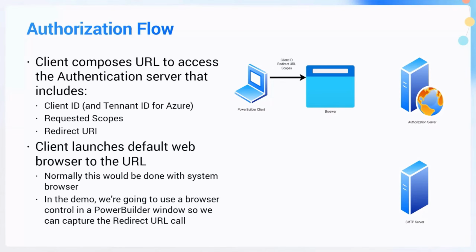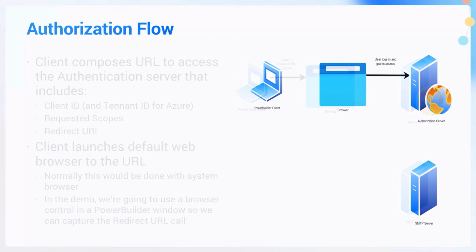However, what we're going to do for the demo is we're actually going to do the less secure approach. We are going to open a window that has a browser in it and then launch the URL from there. To just point out, we're just doing this for this demo. That's not the way you'd want to actually do it with your application.